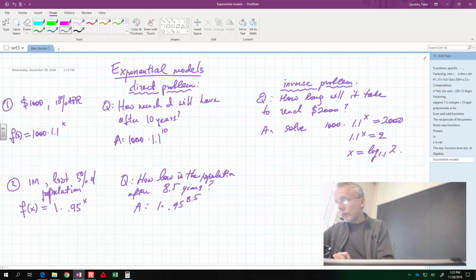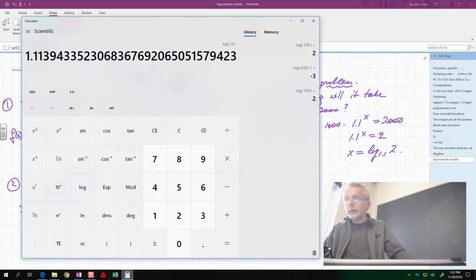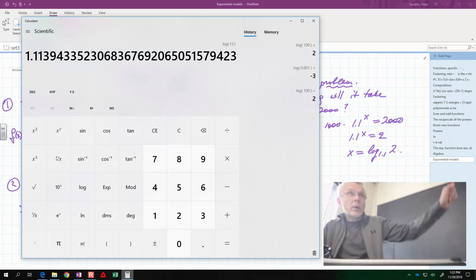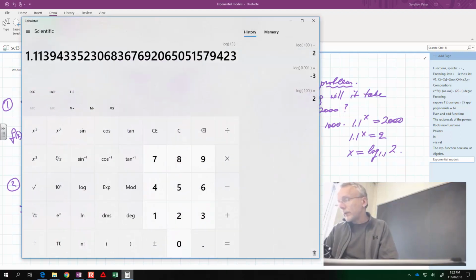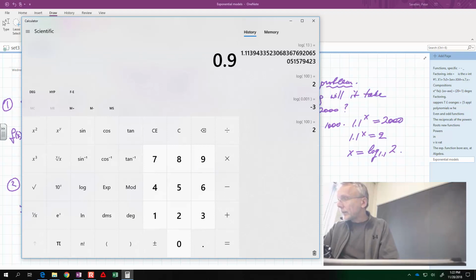So all of this can, incidentally, be computed with a calculator. Here it is. There are buttons if you never use it. There is a button on the right, x to the power of y. So if I need to see 0.95 to 8.5, 0.95, I believe, 8.5.